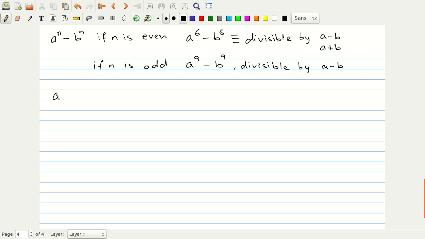Now if you have something like a to the power n plus b to the power n, and n is even, then it is not divisible by a minus b as well as a plus b.